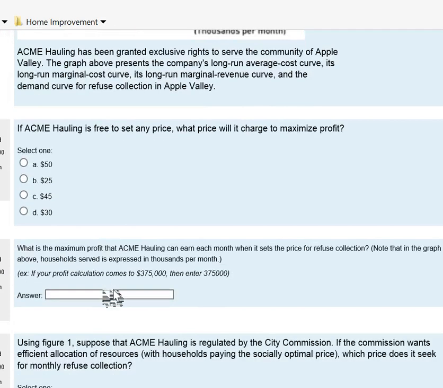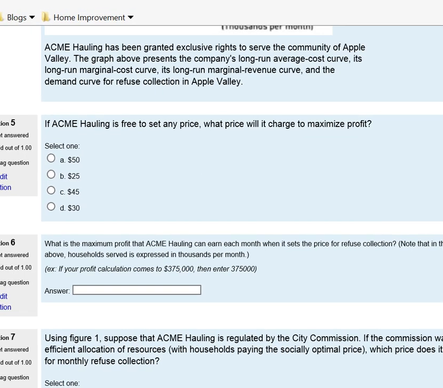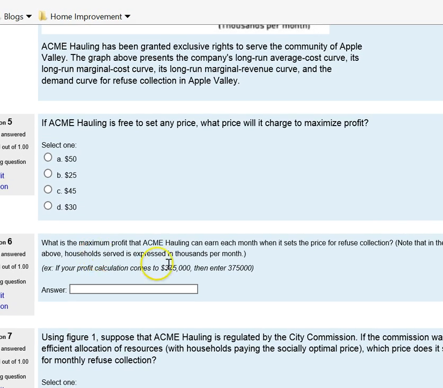Now for this question number 6 right here, it says, what is the maximum profit Acme Hauling can earn each month if it sets its price for refuse collection?